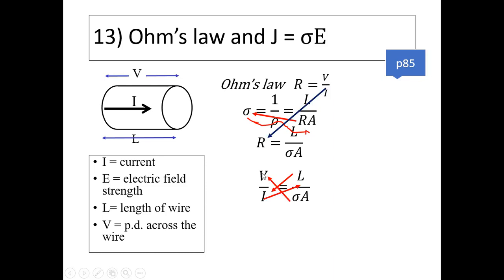Right? Take sigma across. So we got sigma V over L equals I over A. So that's what we get. This is our J, this is our E, this is our sigma. Okay, that's how we show the relationship. Basically, you need to know Ohm's law and that relationship and then play around, that's all.